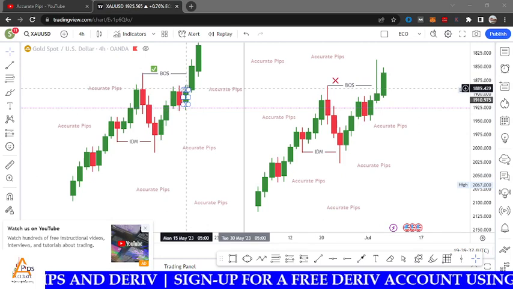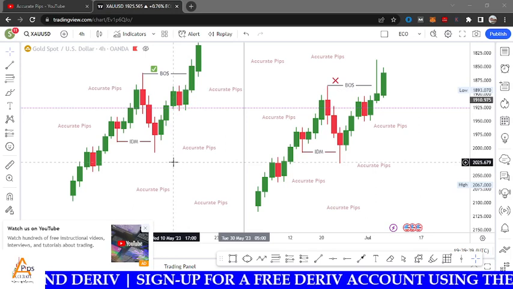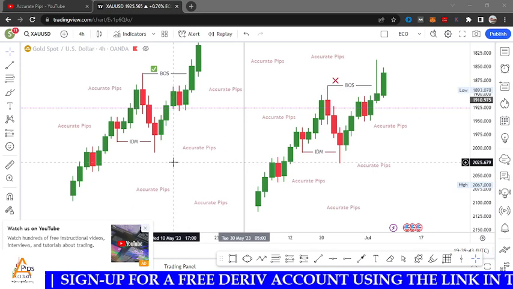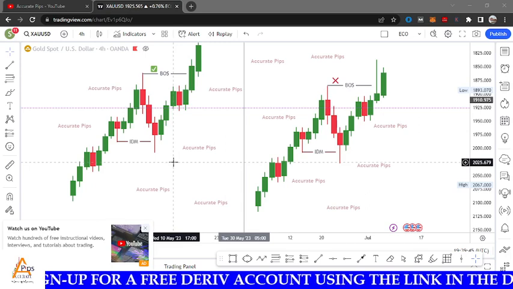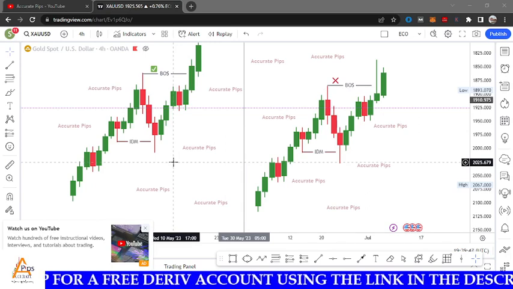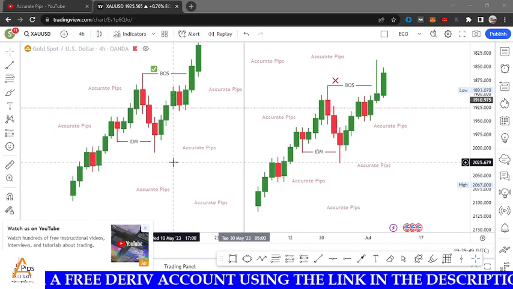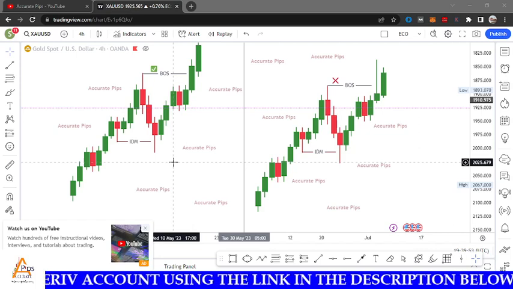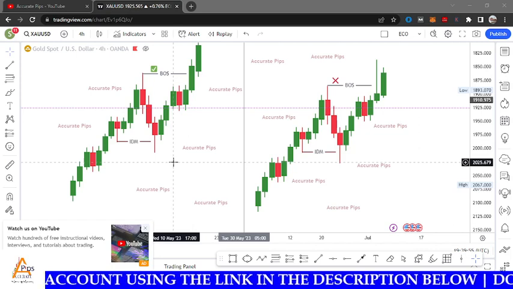That's what we are going to look at. In trading, inducement is very important in confirming a high or a low in the market. That is in terms of the structural formation of the market.